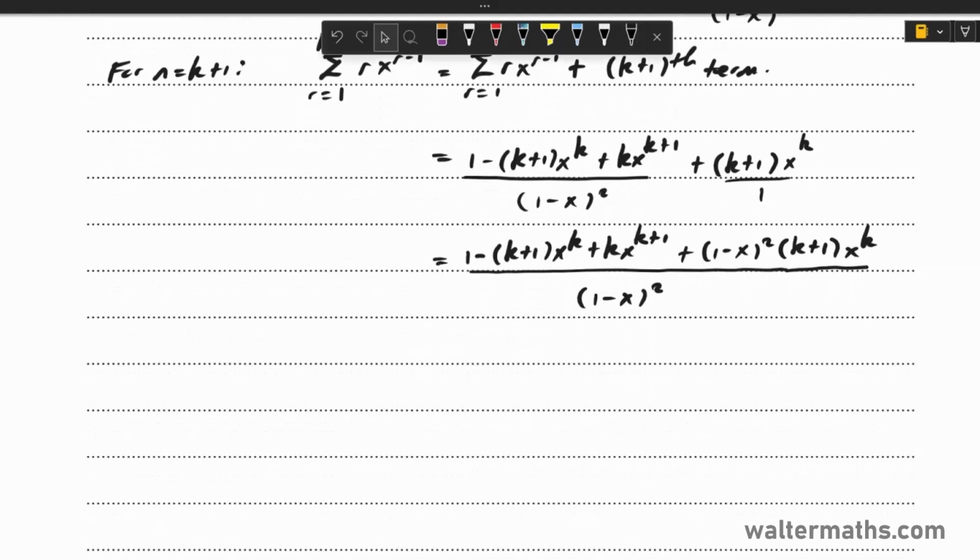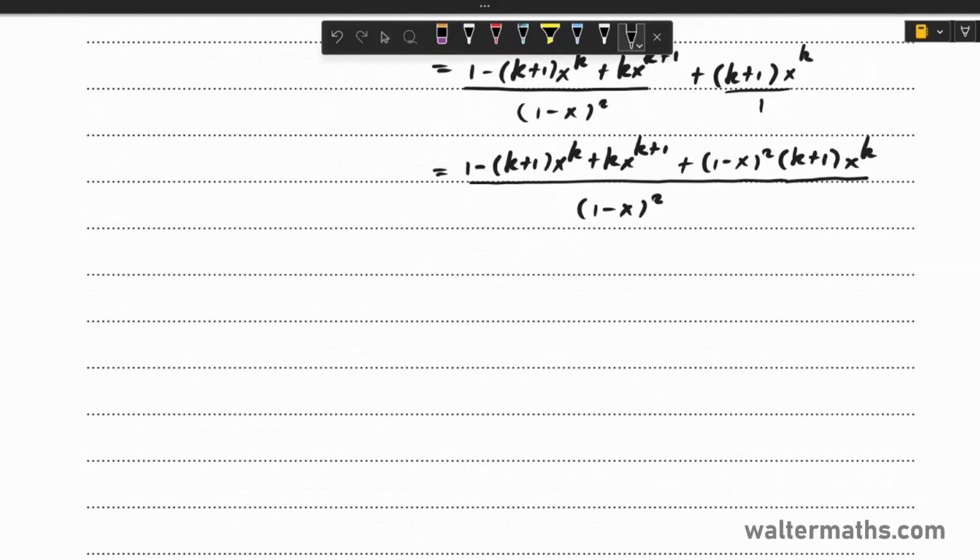Let's continue. We can simplify this a little bit further. I'm going to expand the brackets all the way through.